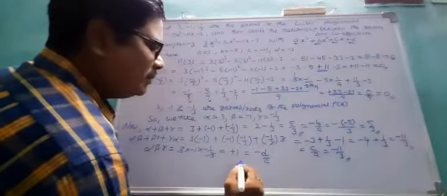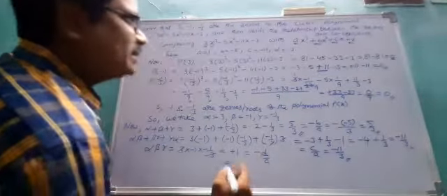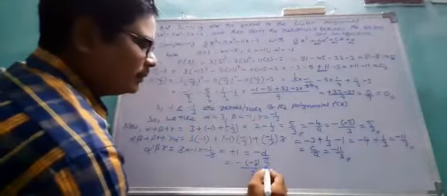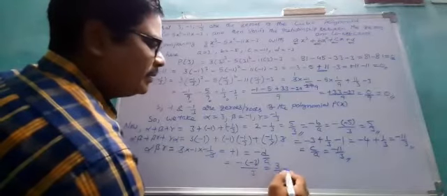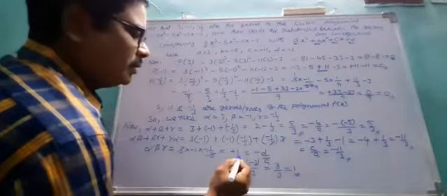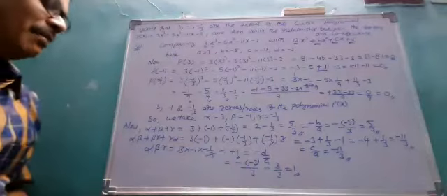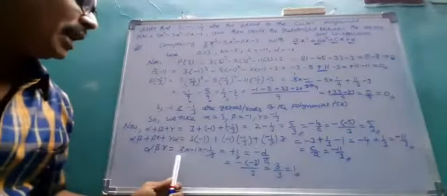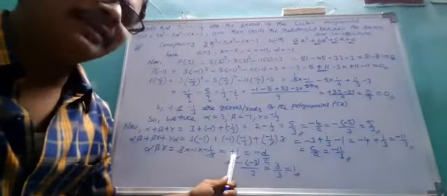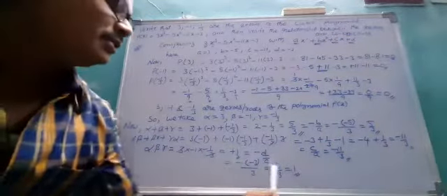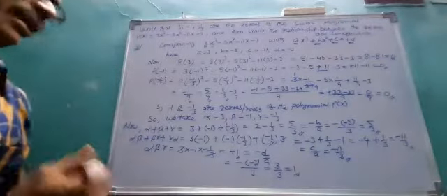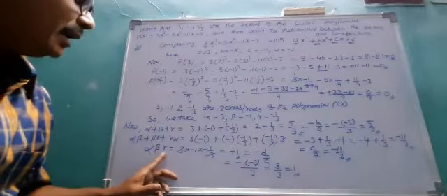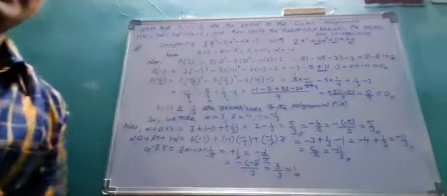Here minus d by a, d equal to minus 3 and a equal to 3, that means 3 by 3. 3 by 3 equals how much? 1. So you get the same answer. With the help of the zeros you get 1 as the answer. With the help of the coefficients you get 1 as the answer. So that is the relation between zeros and coefficients: alpha into beta into gamma equal to 1. Okay, thank you.